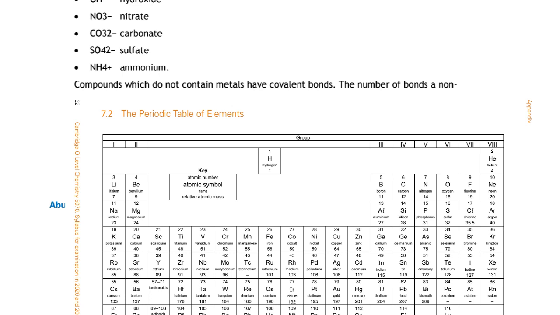Now for group 1, it's very easy to lose 1 electron and get an inner shell complete with 8. So it's way easier for lithium to lose an electron and satisfy the octet rule.